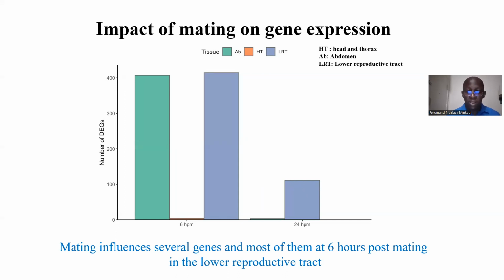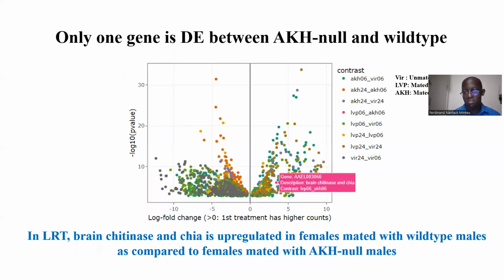But surprisingly, if you compare females mated to the wild type males with females mated to the AKH null males, just one gene is significantly differentially expressed, which we call the brain chitinase and share.